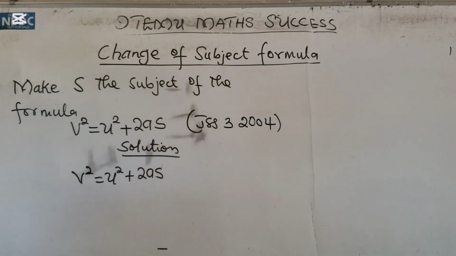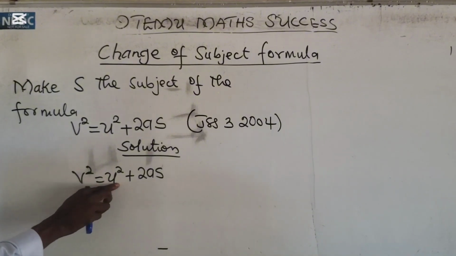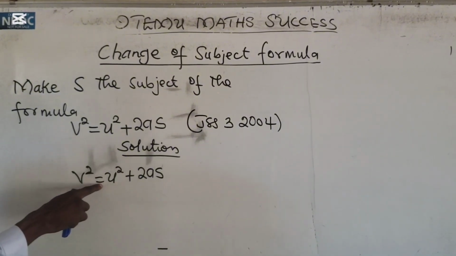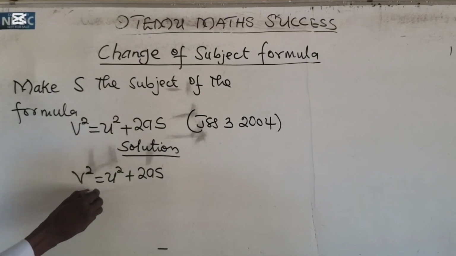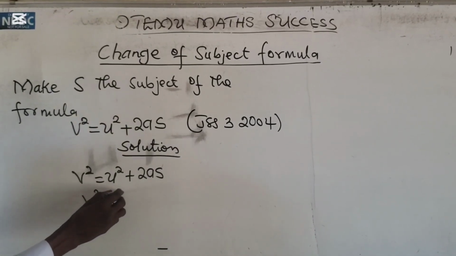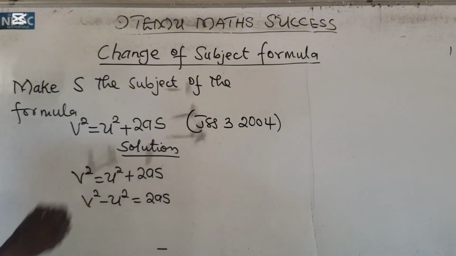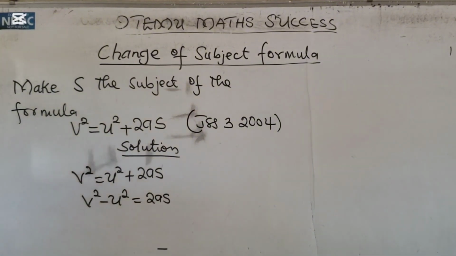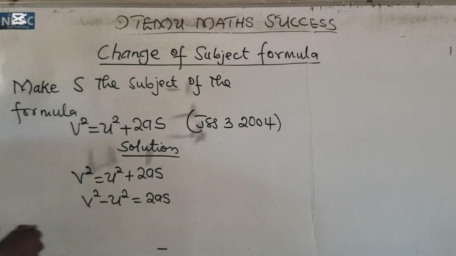We are asked to make s the subject, so I will first of all remove this u squared. It is a positive u squared, and when it crosses the equal sign it becomes minus, which is v squared minus u squared is equal to 2as.